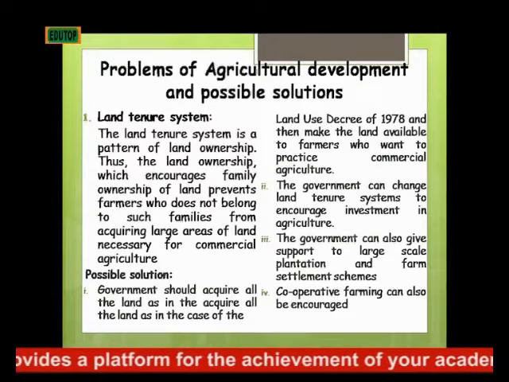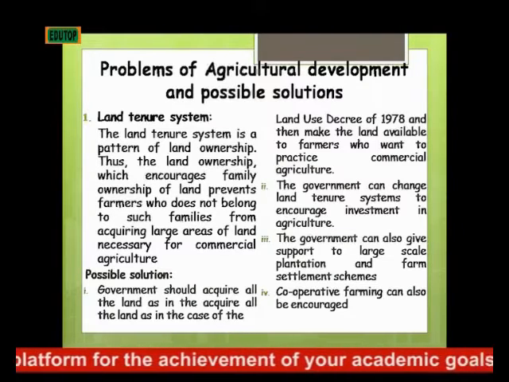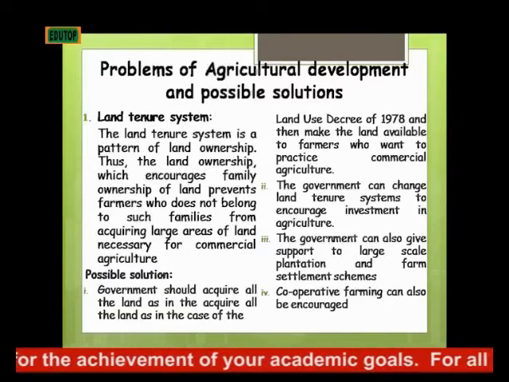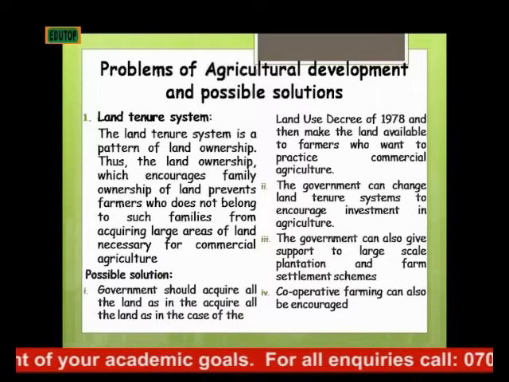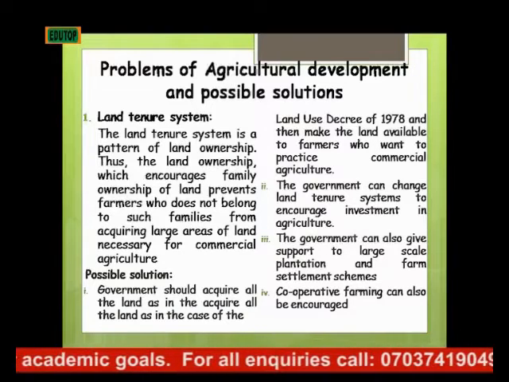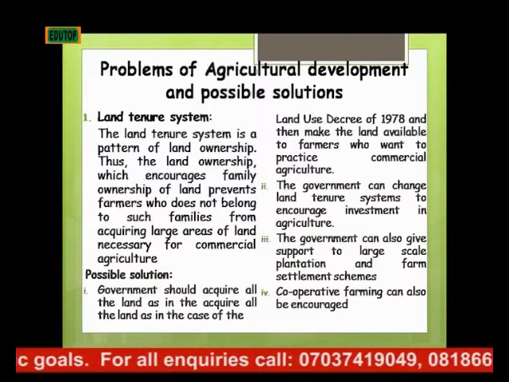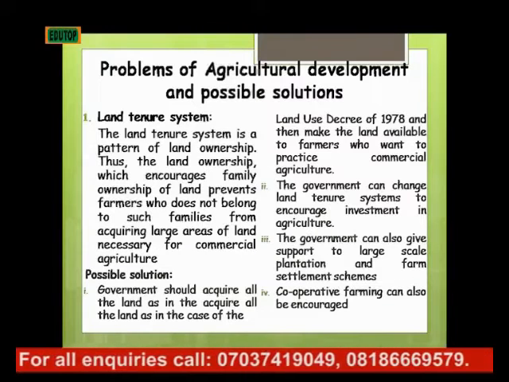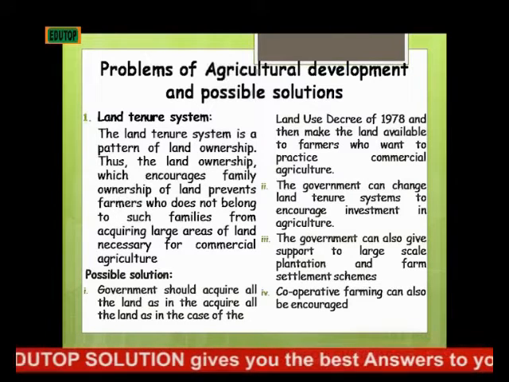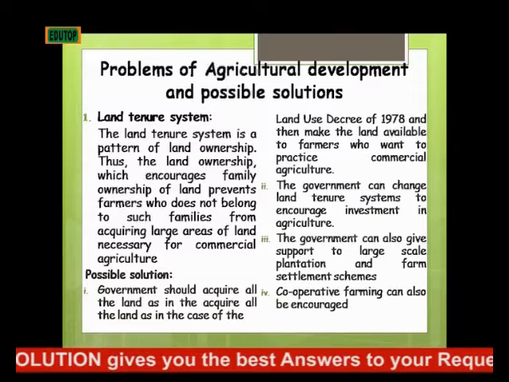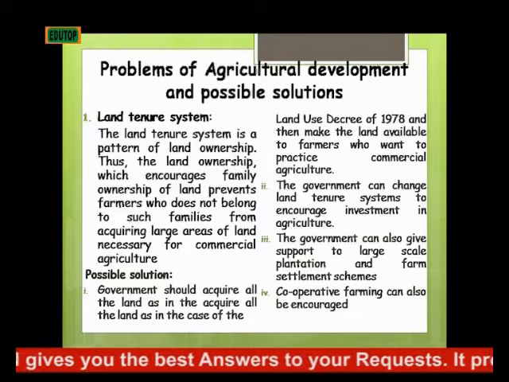You don't belong to that place, and for you to get land in that area will be difficult because you don't belong there. And that's the reason why it's a problem. That is the land tenure system, whereby when you find yourself in an area where you don't have inheritance of a land, you find it difficult to cultivate the ground and then produce agricultural produce.